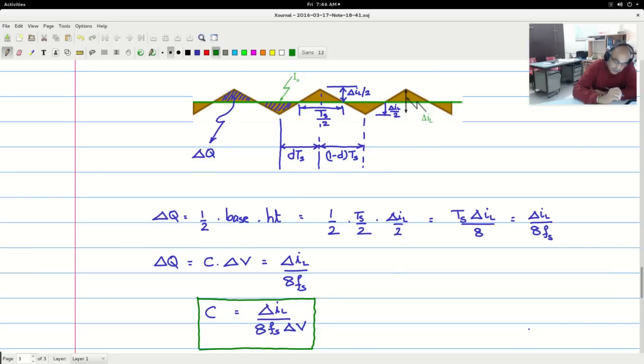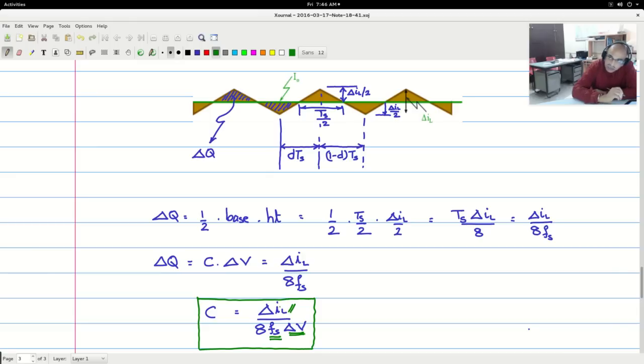Now out of these things, Fs is a design spec which is known. Delta V, what is supposed to be the ripple across the capacitance, is also obtained as an output ripple spec, that the capacitor should not have a ripple beyond this particular value. The value of delta IL is also a design spec while designing the inductor.